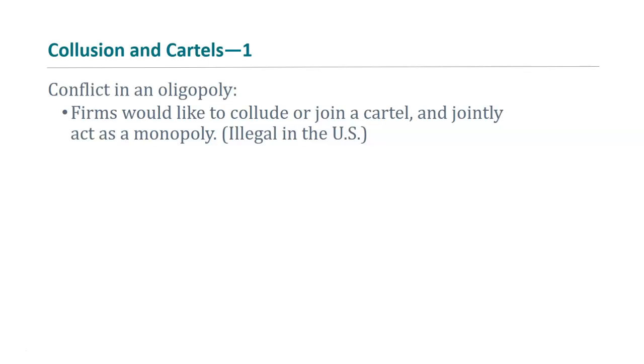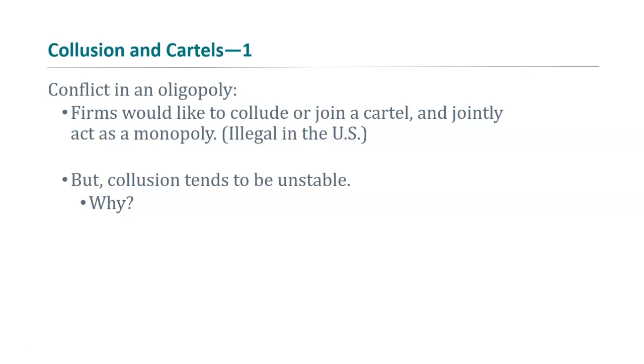This is illegal in the U.S. Firms are not allowed to collude in the U.S. But even where firms are allowed to collude, that collusion tends to be unstable. And you can probably think about why.